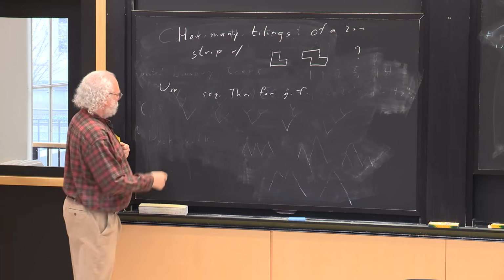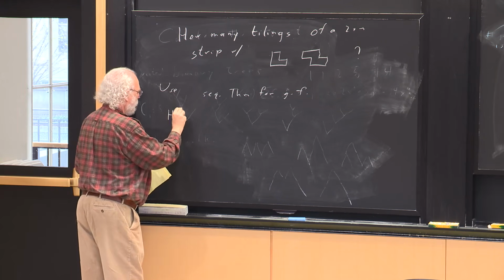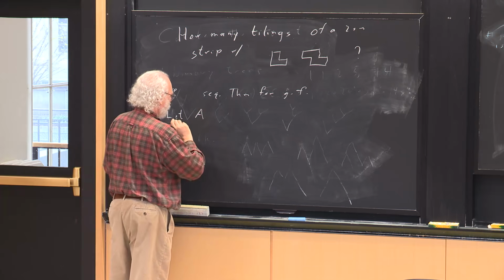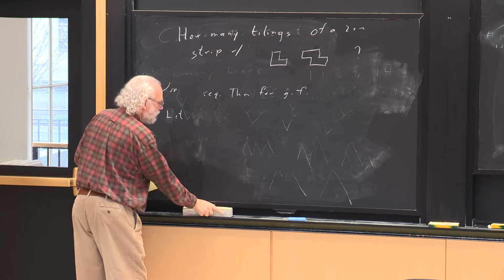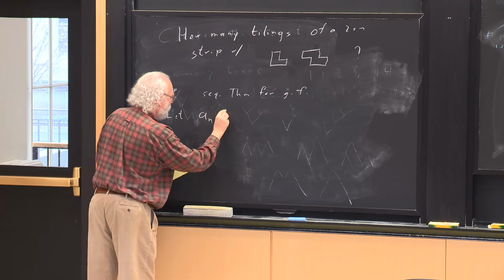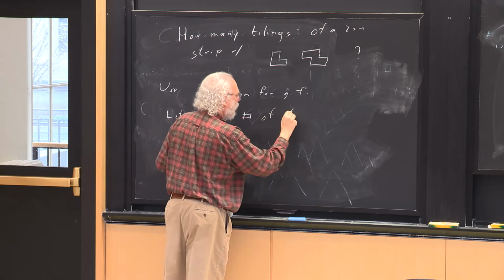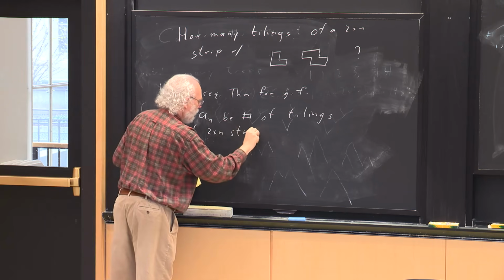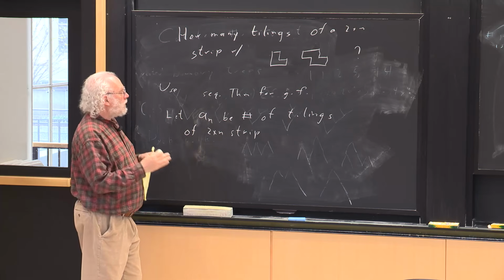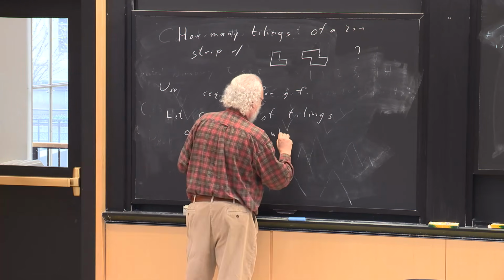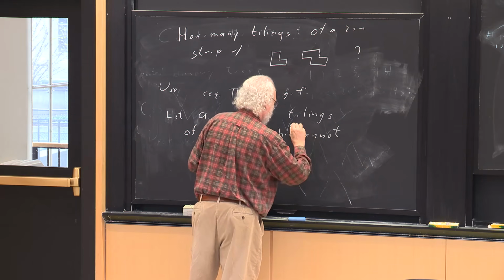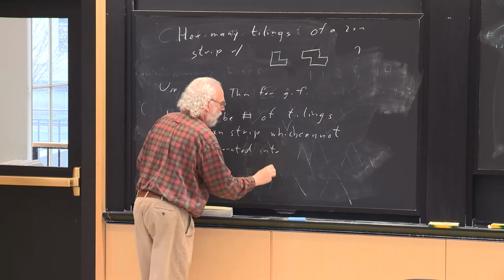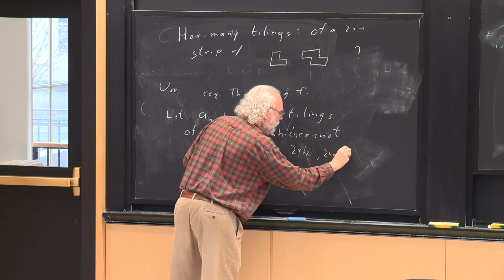And let's use a lowercase a sub n to be the number of tilings of a 2 by n strip which cannot be separated into a 2 by k and a 2 by n minus k strip.